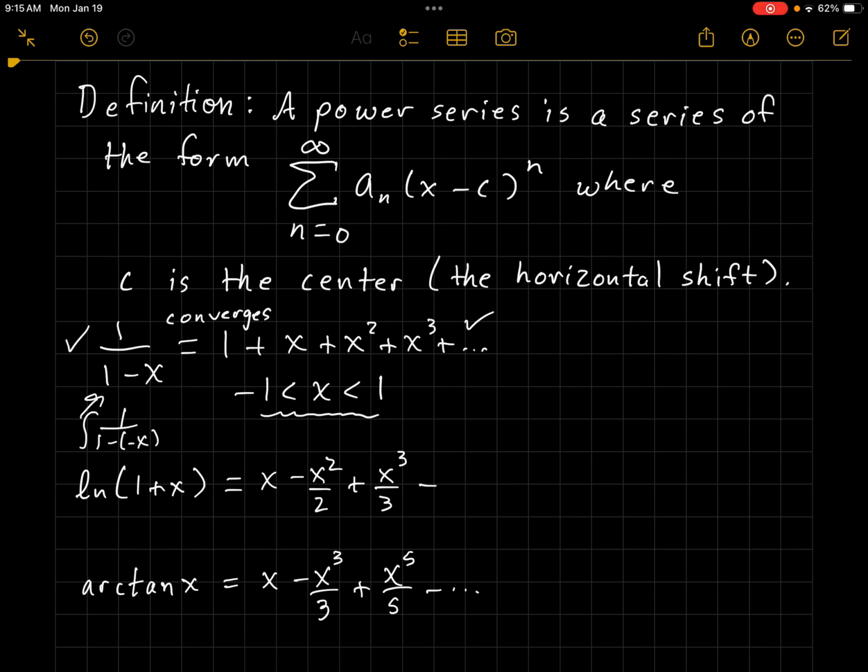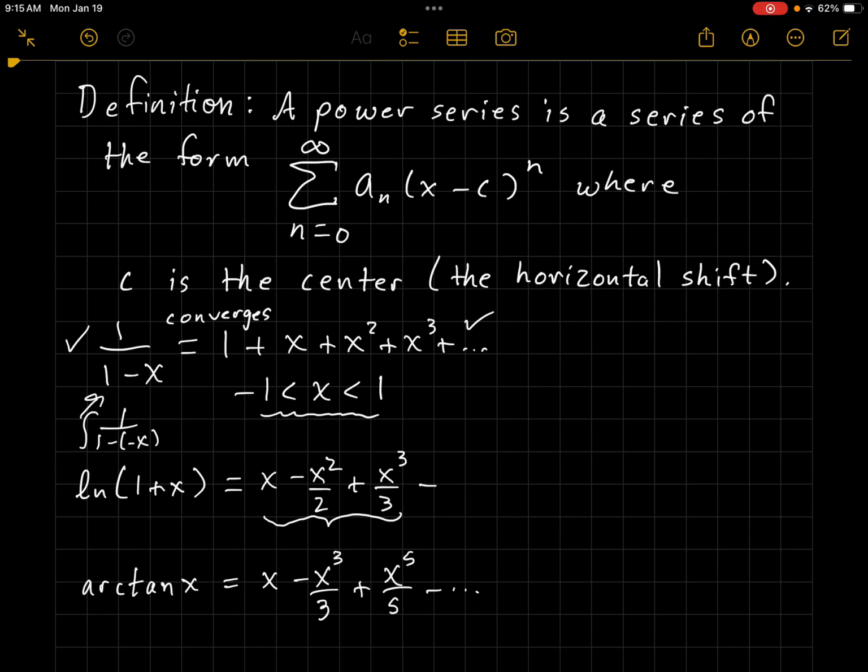Now the purpose of this is how we can, if not find an exact value for, say, natural log or arctan, we can at least approximate values by using the first few terms in the series, whether 3 or 4 or 10 or whatever we need to use.